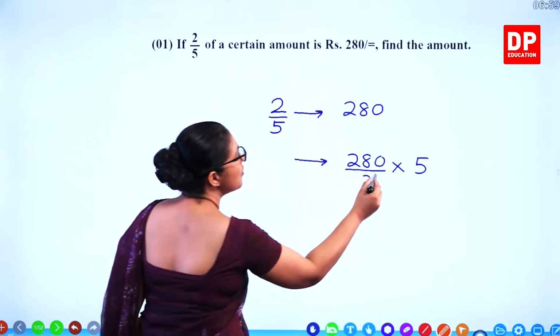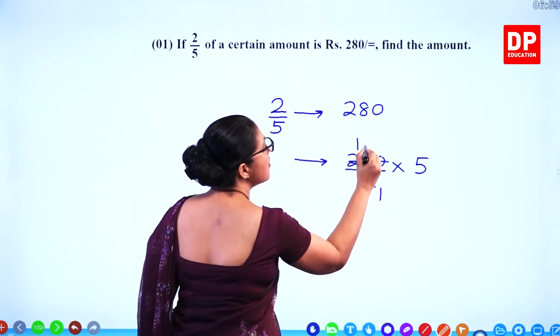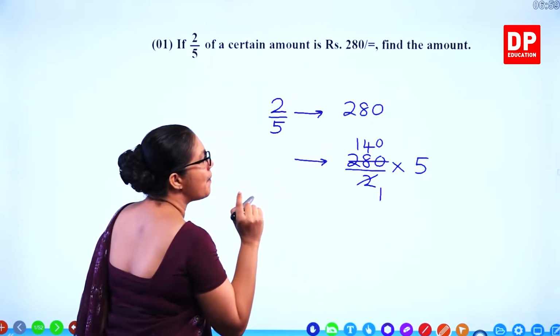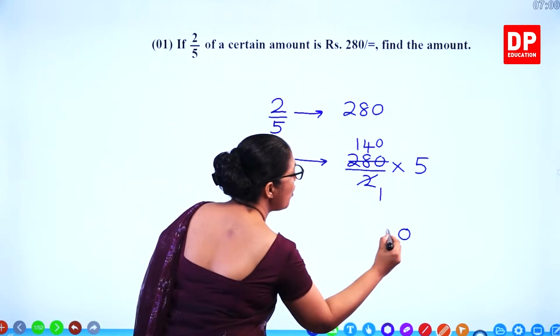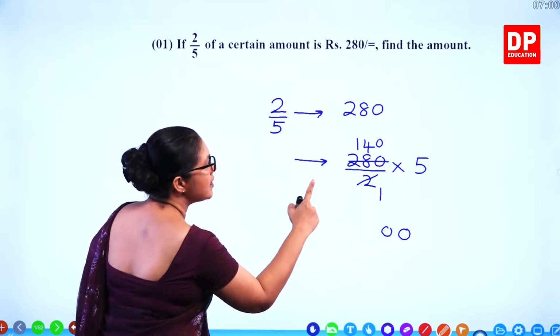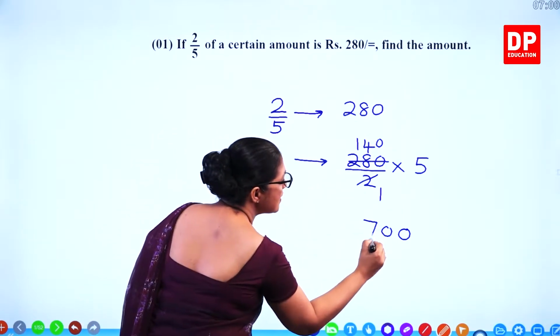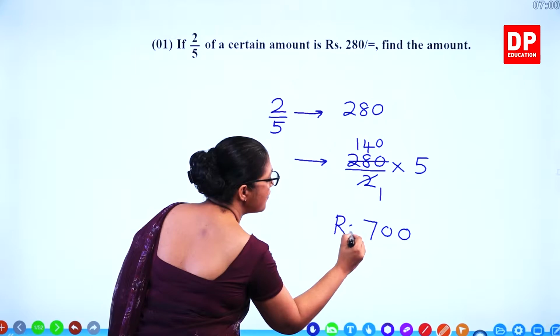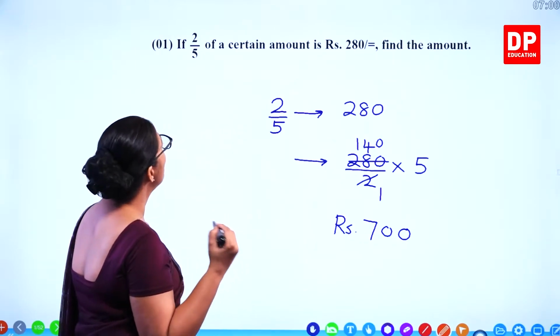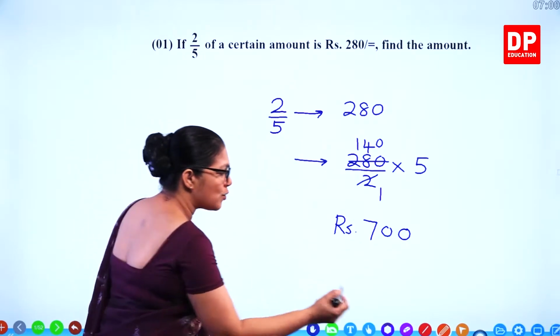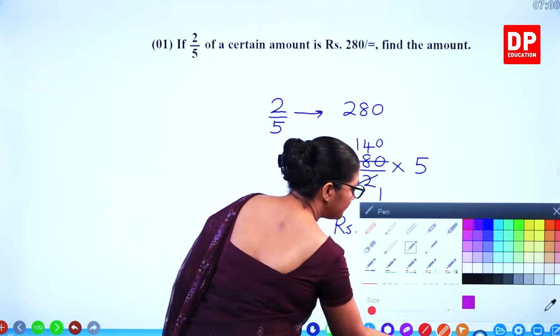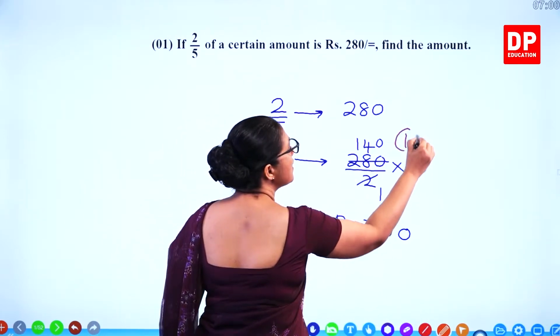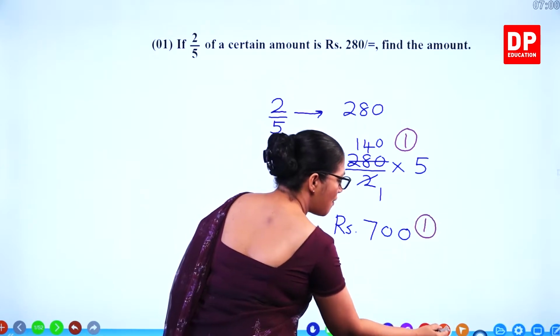So what's the value? 140 multiplied by 5 is 700. So 700 rupees is the full amount. So you get 2 marks: 1 mark for the method and 1 mark for the final answer.